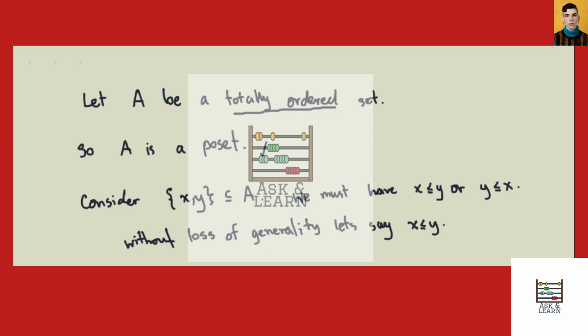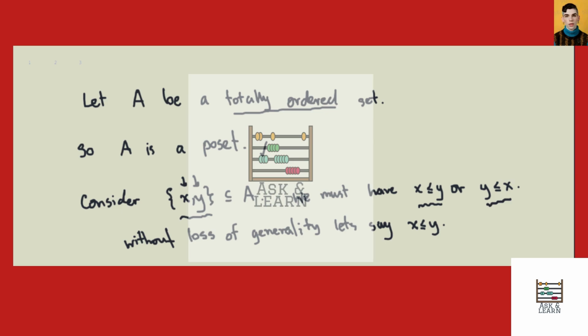Now consider a set of two elements, X and Y, from this totally ordered set. Since X and Y are both in A, and A is totally ordered, we must always be able to compare them. So either X is less than Y or Y is less than X. One of these has to happen.